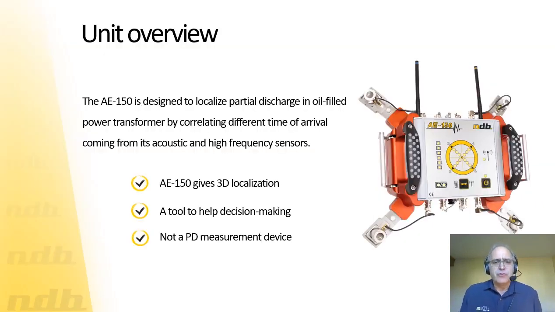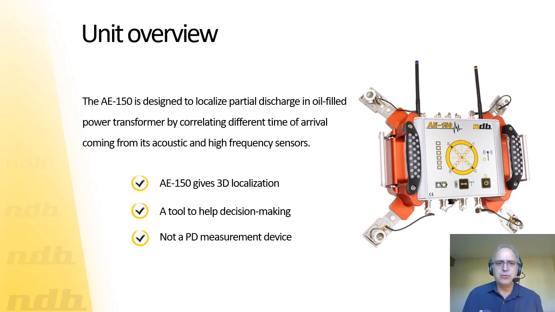So, unit overview. Sometimes the goal of the unit is misunderstood. The AE-150 will provide a localization, an area of where the partial discharge is located.